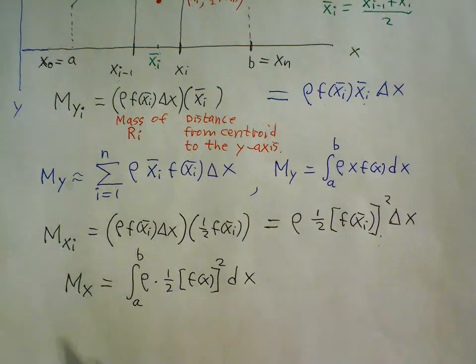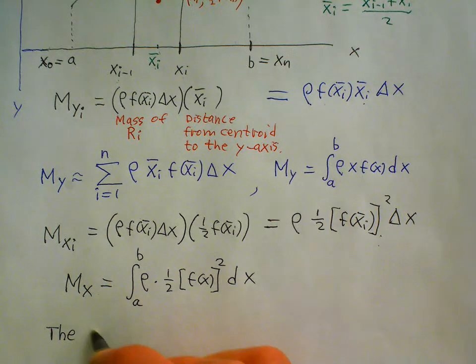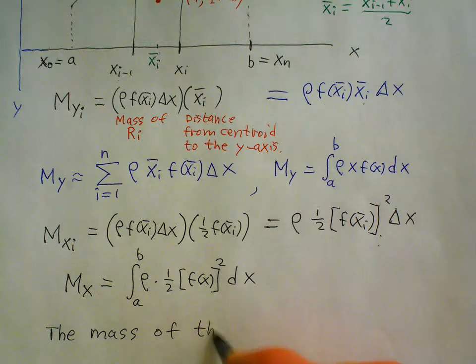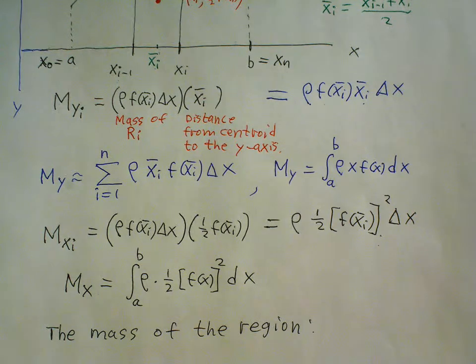The mass of the region is just the density rho multiplied by the area.